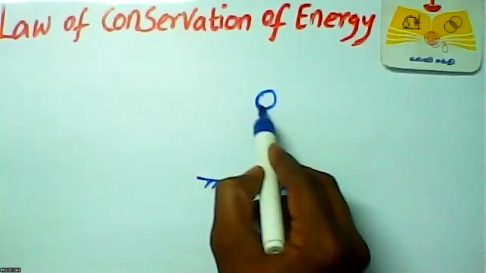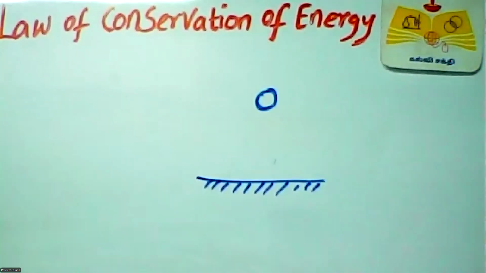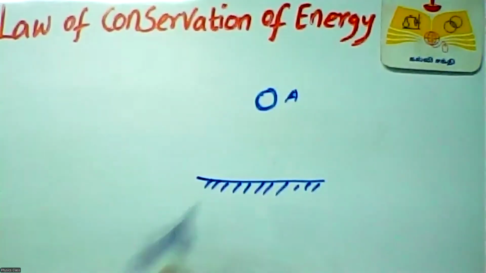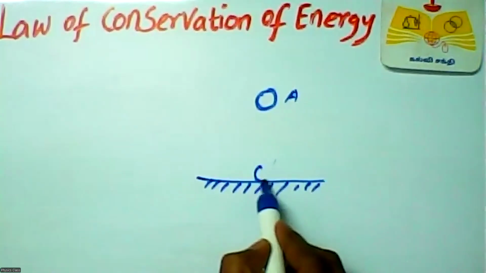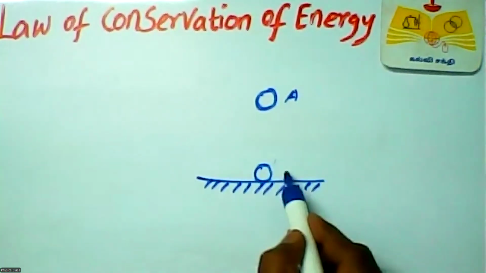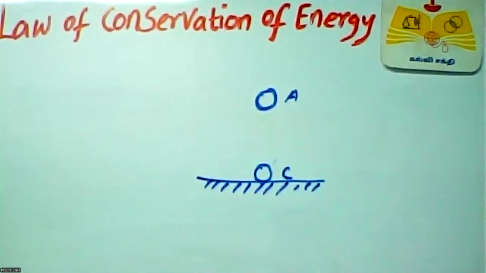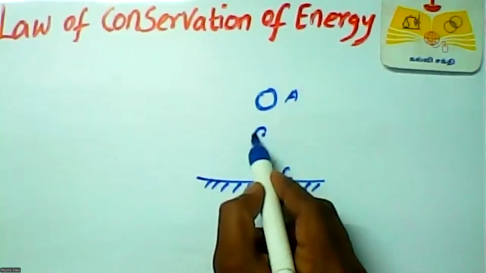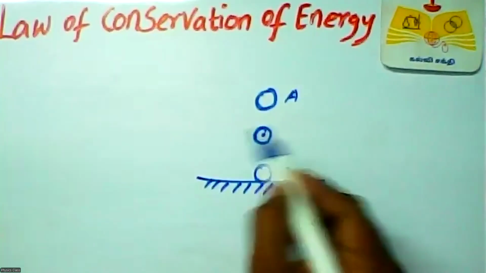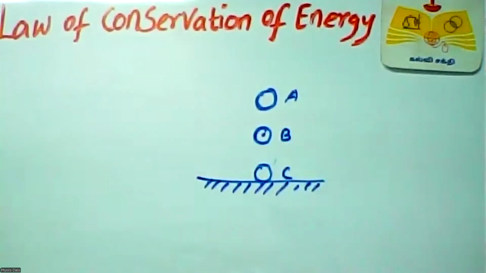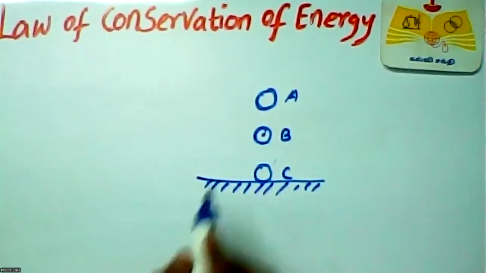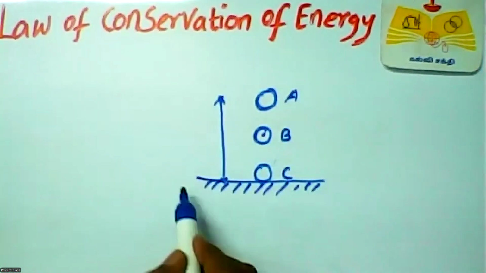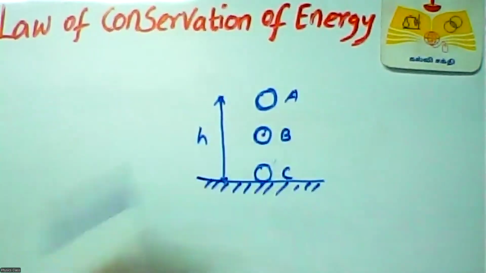You take a ball here at position A, and the ball touches the ground at C. In the middle, I can take one position, that is B. From the ground level to position A, there is a height, that is H.